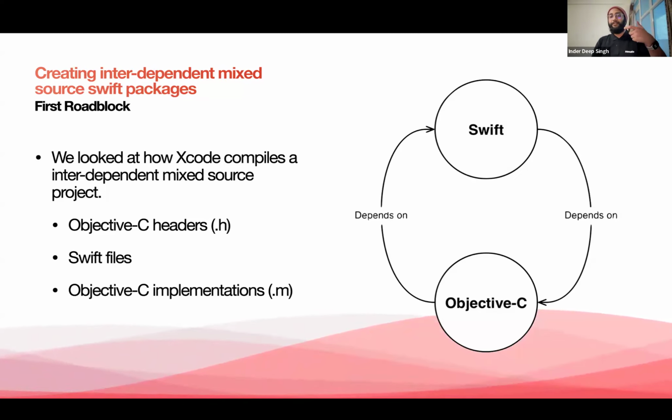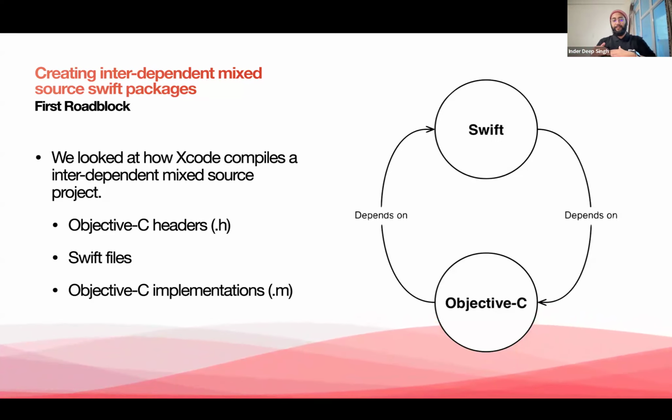Basically, the Objective-C header would have everything that it needs to compile, and whatever Swift will need will only be the public headers of the Objective-C. And then the implementations come, which is the M file, and they will only ever need the Objective-C headers or the public Swift classes. I hope that makes sense, right?